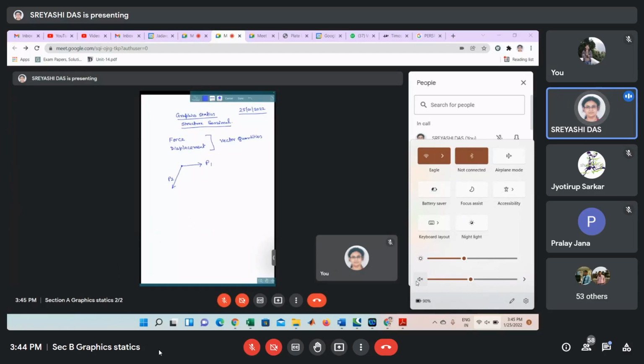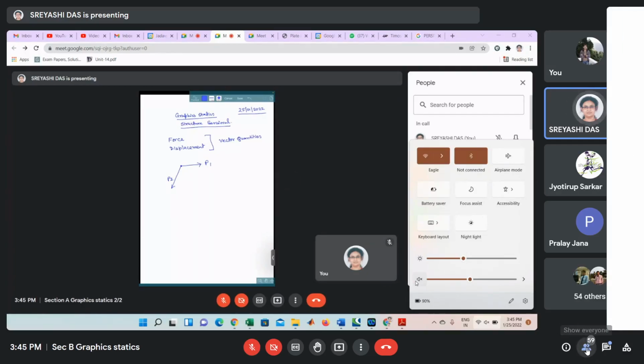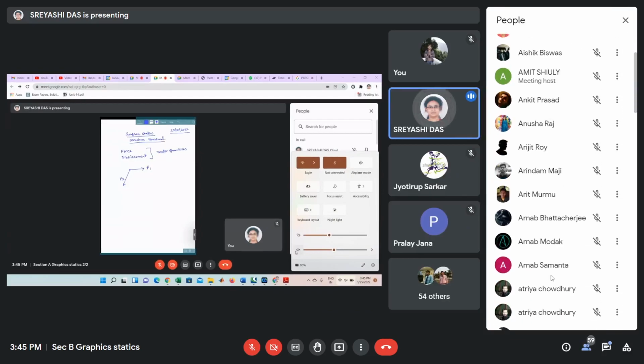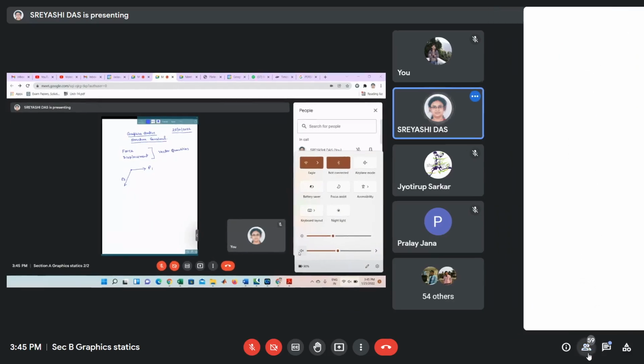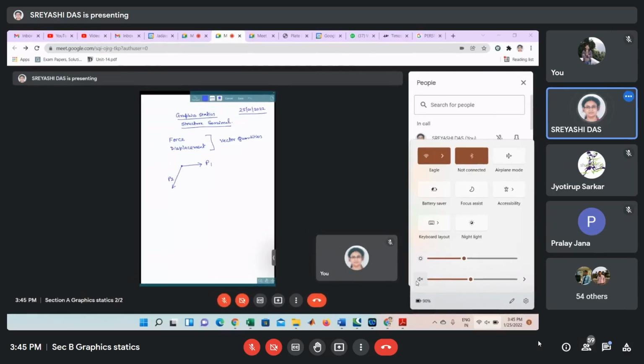If these forces are actually meeting at a single point, we can find the resultant force. Now, how can we find it? We have learned in 11-12 that there are two ways. One is the parallelogram law, and another is the triangle law.